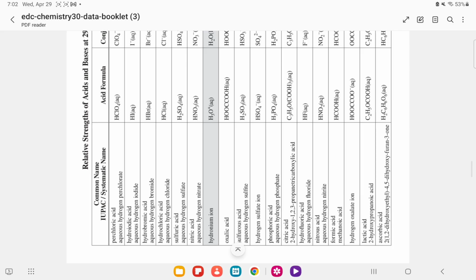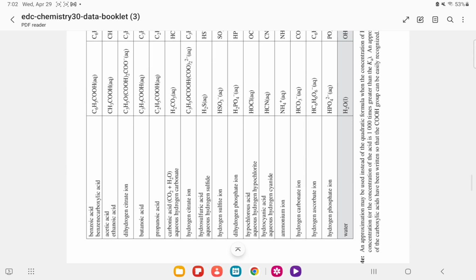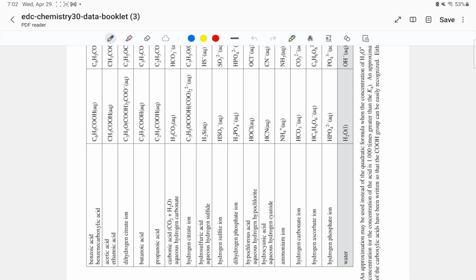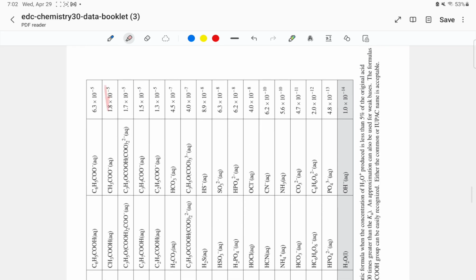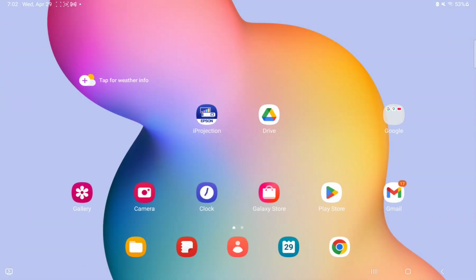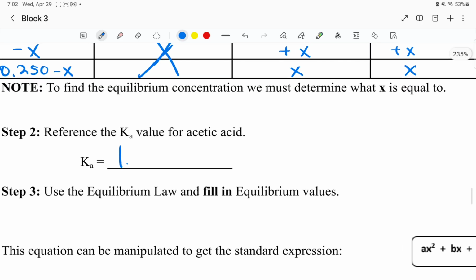But if we look for acetic acid, there we go, found it. The Ka value for it is 1.8 times 10 to the negative 5. That's what we're going to use.